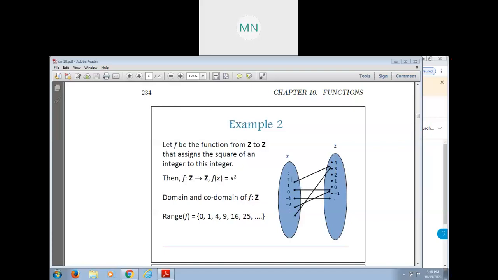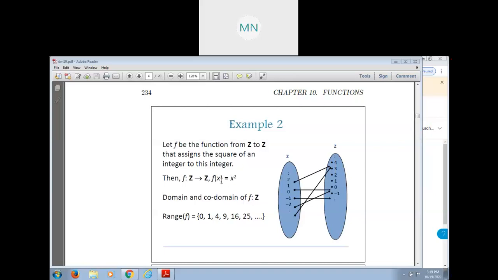Suppose we consider x equals 2. When we consider x equals 2, then f of x will be what? See that f of x equals x square.